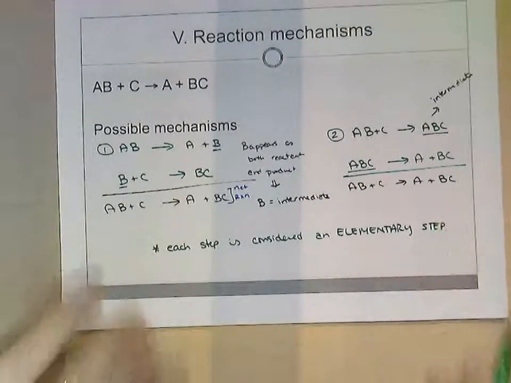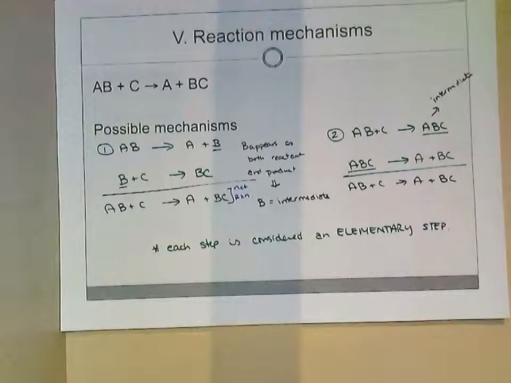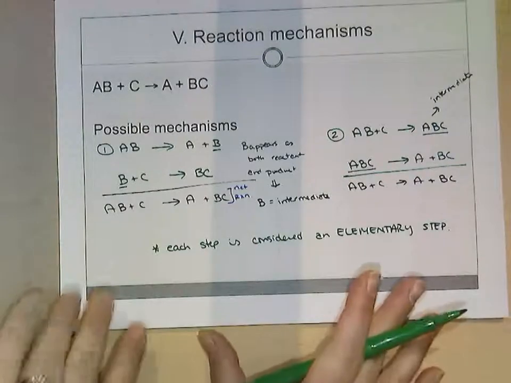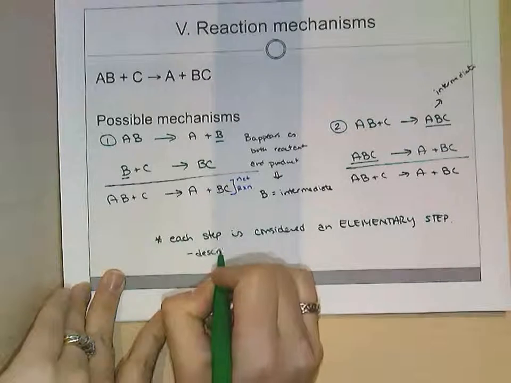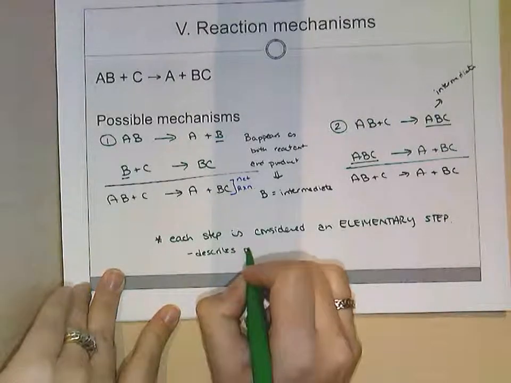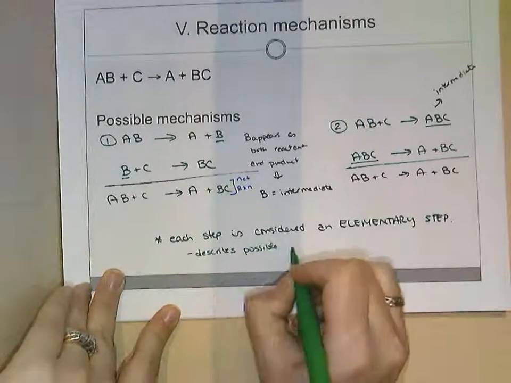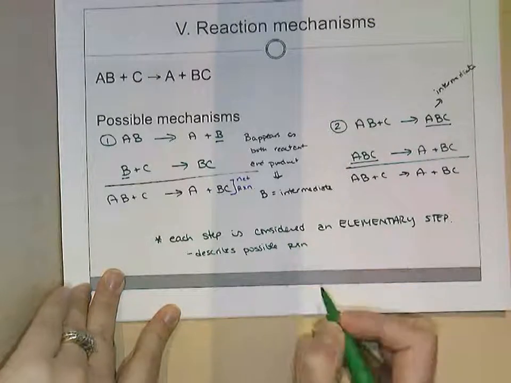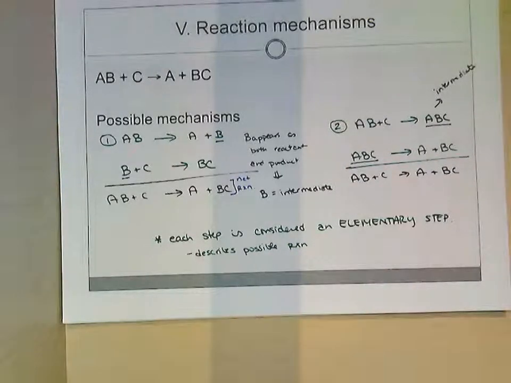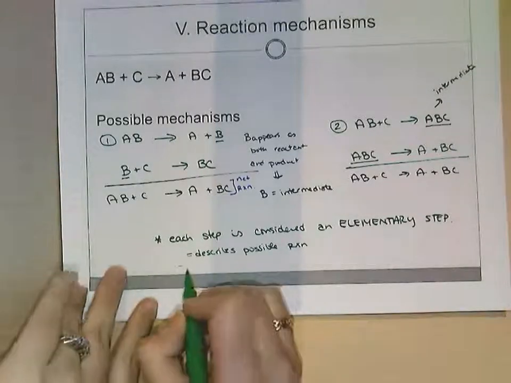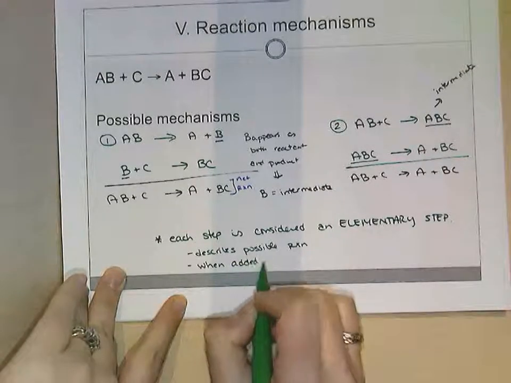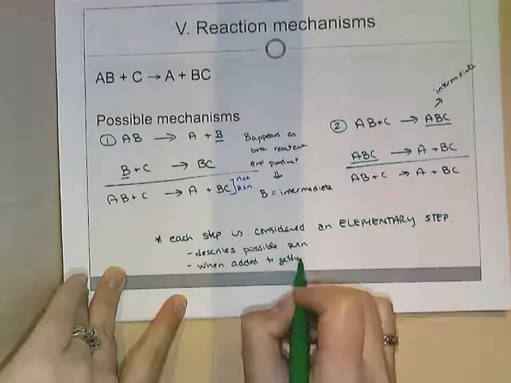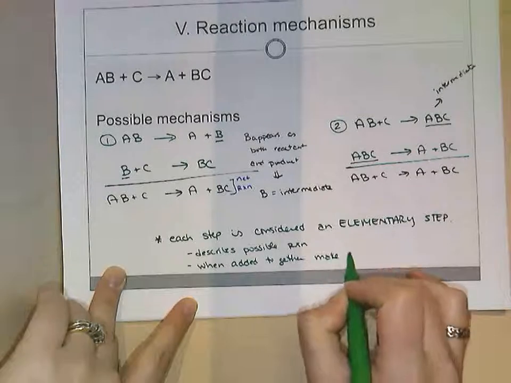All right, so each one of these steps is considered an elementary step. An elementary step describes a possible reaction that could occur. When added together, they make the net reaction.